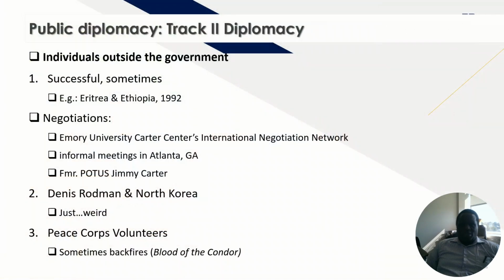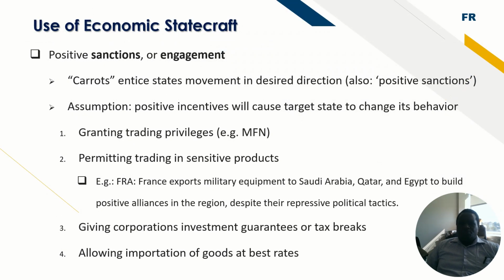And so this would be an example of formal diplomacy. So track 2 diplomacy can be successful, as we mentioned, and may include individuals who are well known. So, for example, Bill Richardson, Bill Clinton, Jimmy Carter, Peace Corps volunteers, and so on.